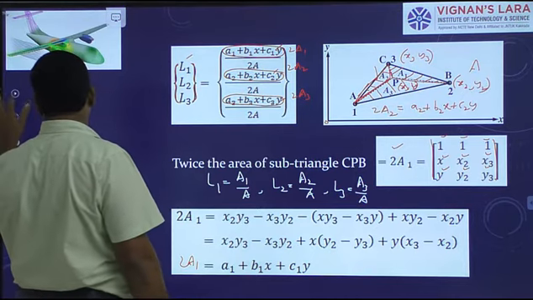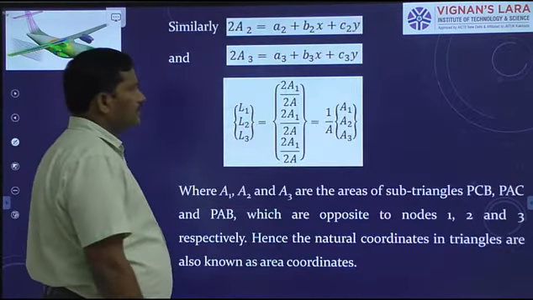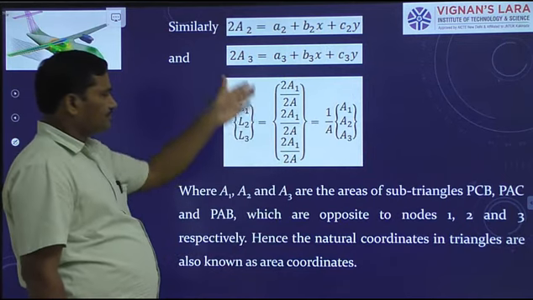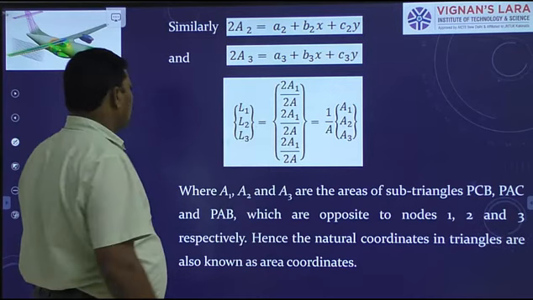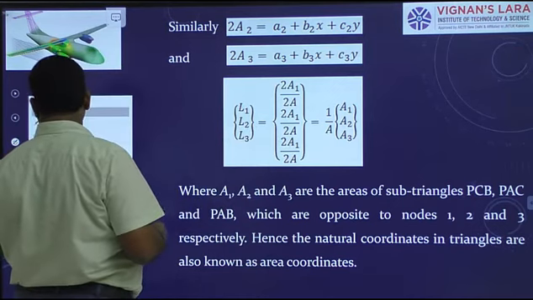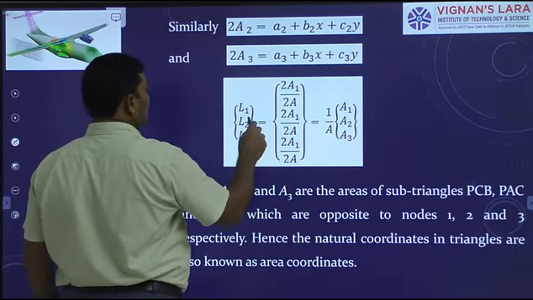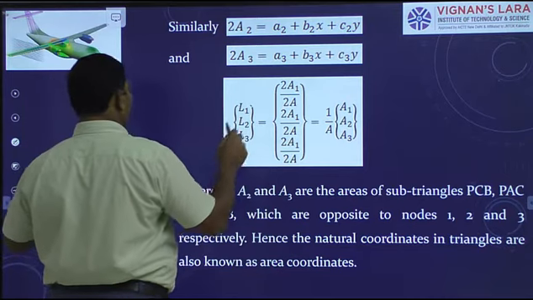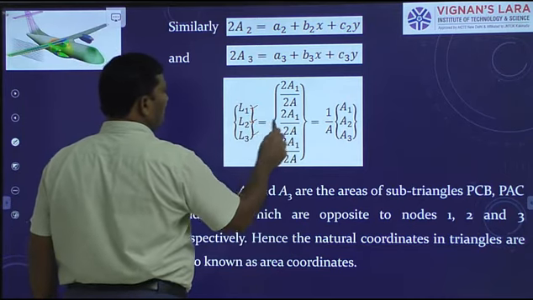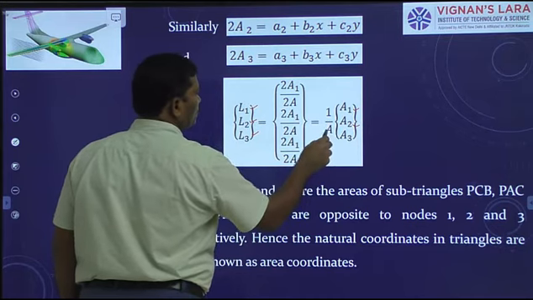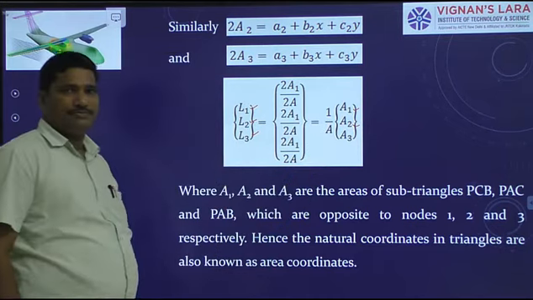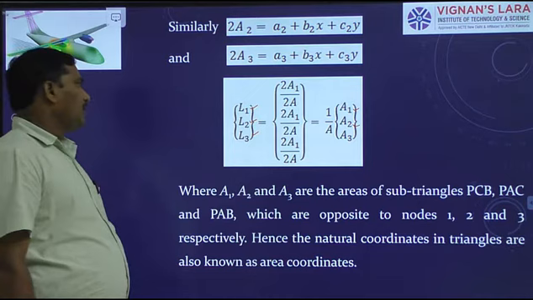The natural coordinates L1, L2 and L3 represent area coordinates A1 by A, A2 by A and A3 by A.